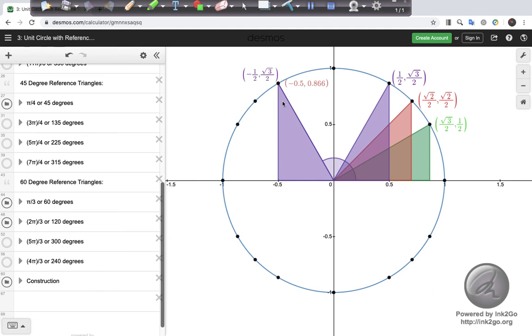But something changes, and the reason why we have a different triangle is because our output of the cosine of 120 gives us a negative value, because in the second quadrant, this x position is negative 1/2. The sine of 120 is still the same, square root of 3 over 2, but I've moved across into the second quadrant where the sine or the y values are still positive.